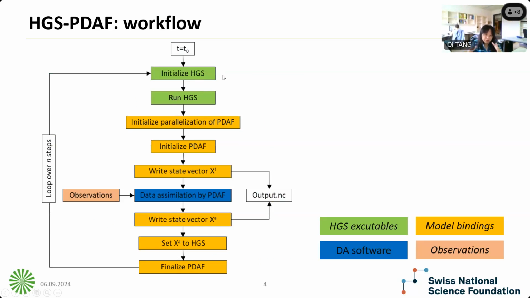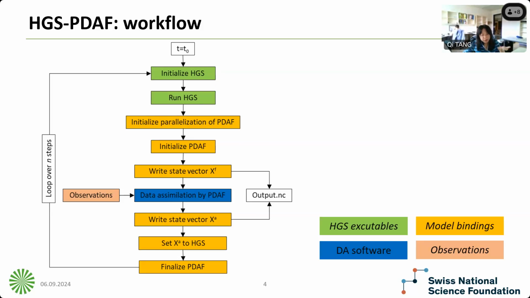HGS initializes from the restart files, reading the model state and parameters at a particular time step, which are important for continuing the simulation from where it left off. Then the HGS model evolves forward in time and writes new output files, so it writes new restart files.